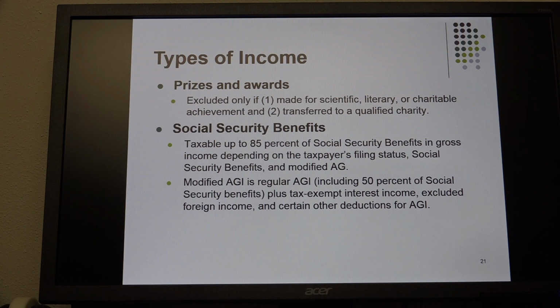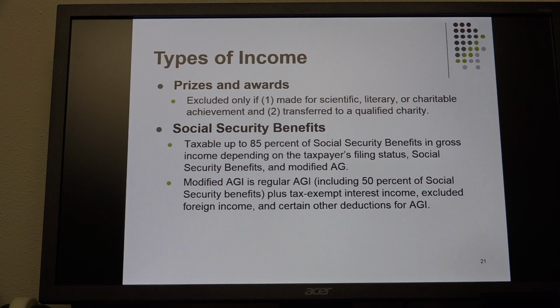I guess a good example here would be, let's say, the Nobel Prize, where they win like $1 million. Well, if they receive the $1 million, the recipients of the award, Nobel Peace Prize, or the Nobel Prize for Science, or whatever, it's taxable to them. But if they transfer it before they receive any benefit to a qualified charity, then not taxable.